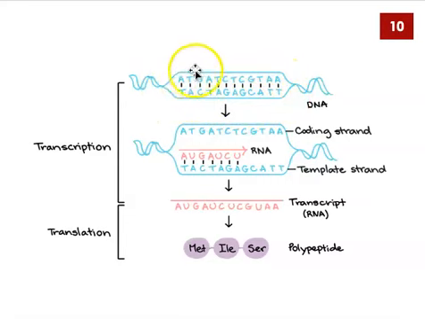We're going to pretend that this is a gene, and specifically this is the protein coding region of the gene. So this is not including the regulatory region, just the bases that have the code to build the protein. So we have two strands, and the bases are all complementary bound to each other. A to T, T to A, G to C, C to G, all the way across this region of DNA.